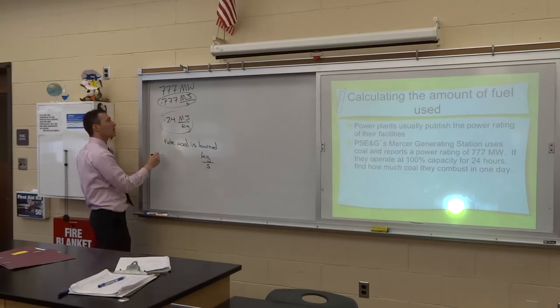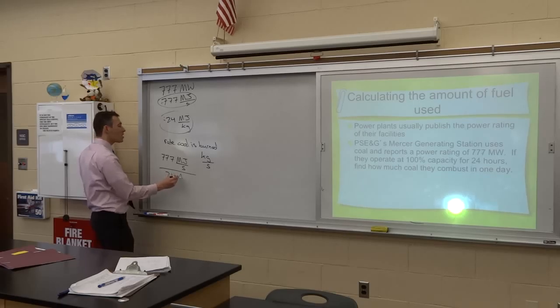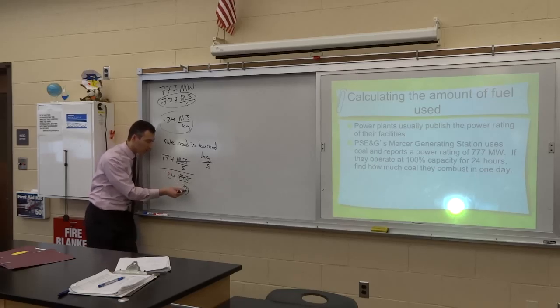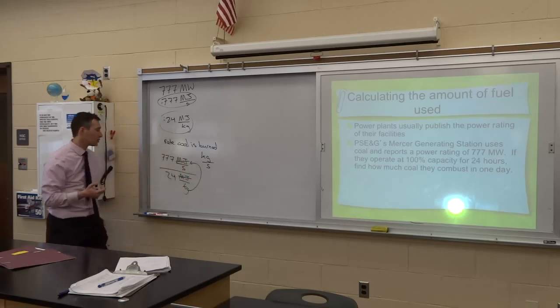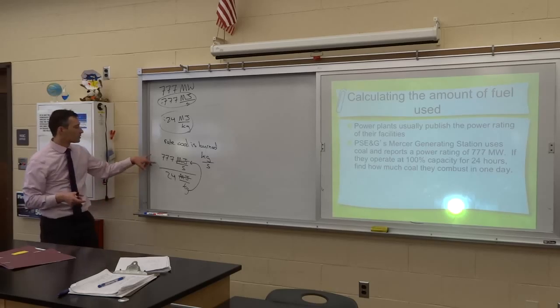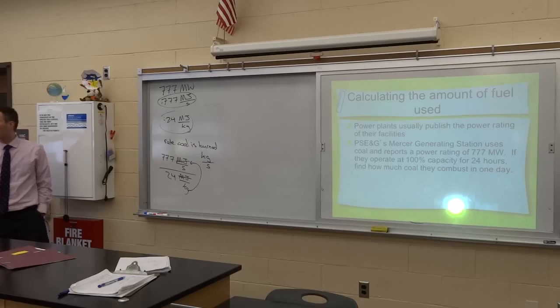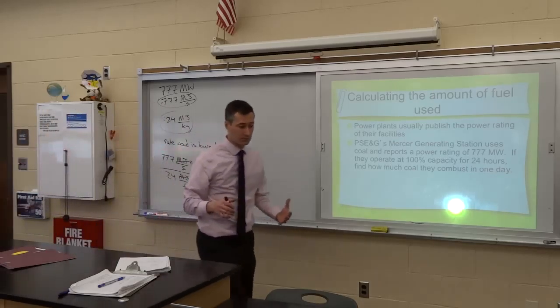So 777 megajoules per second divided by 24 megajoules per kilogram. That is going to work because the megajoules cancel out, and the kilograms, which are in the denominator of my denominator, flip up to the numerator. So let's divide 777 by 24, and that will tell us how many kilograms of coal have to be burned each second.